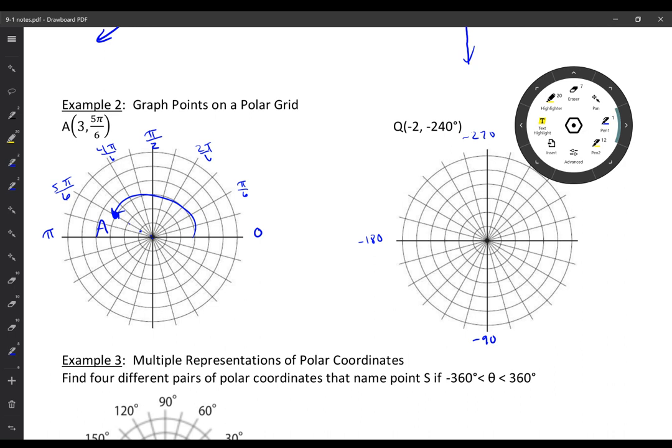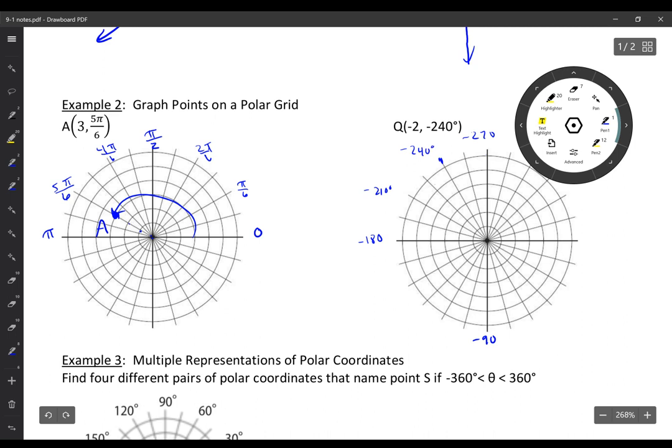So let's see, where would 240 be at? 180, it'd be plus 60 degrees. So I feel like that would be right here. So let's just double check that. 180, and then plus the 30 would be -210 degrees and -240 degrees.